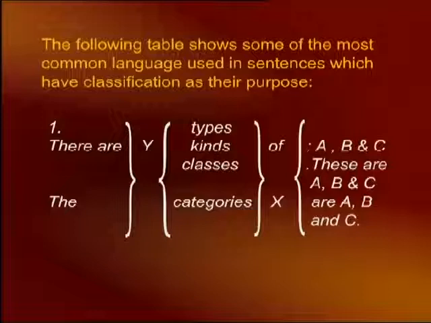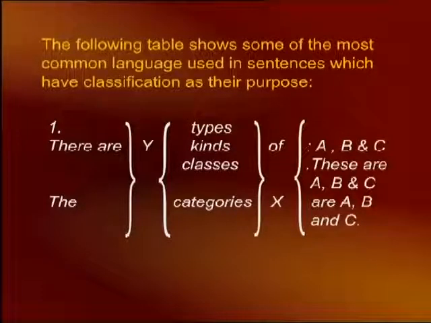Number one, you will write, these are, and whatever it is, types of, notice the colon. There is a colon, and then you go on to enumerate or spell out the types, A, B, C, D, whatever. That is one expression, one way of writing. The other is, there are, whatever, kinds of, colon, and you will list them.